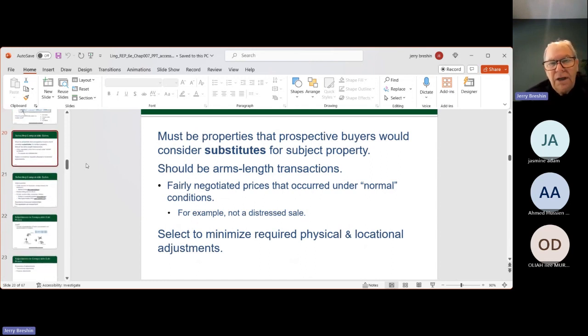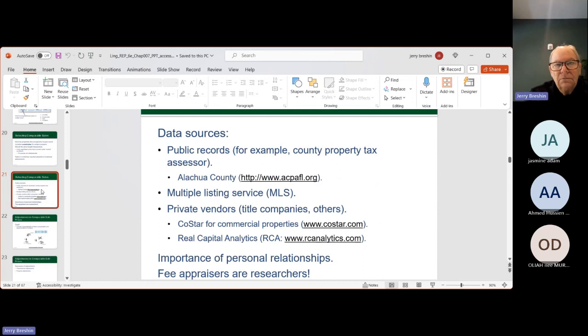Where would you find information as a realtor? Where would you get information to try to identify similar properties? Most realtors will use what is called the multiple listing service, the MLS. The multiple listing service is a database that each of the real estate boards, in each location, maintains.